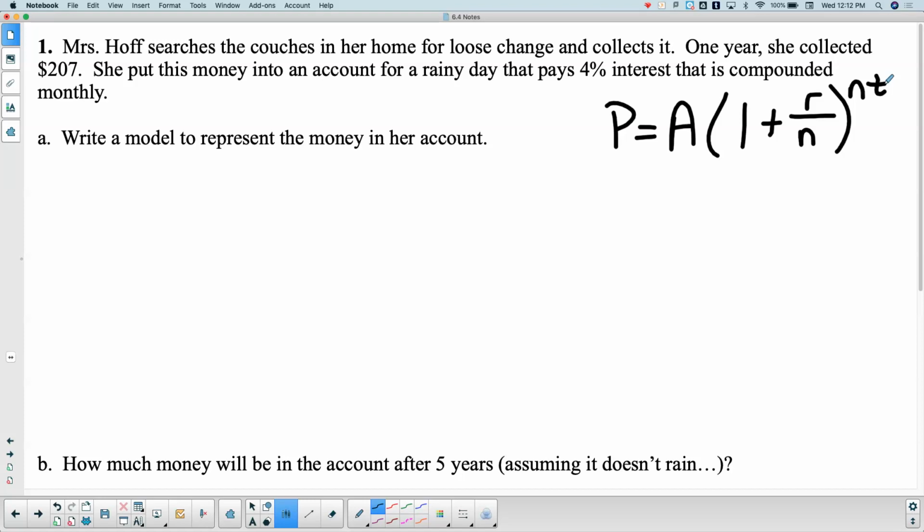A is your starting value. 1 is the number that comes before 2. R is your interest rate, or the rate of change. N is the number of times that it's compounded. And T is the time, and T for this problem is in years.